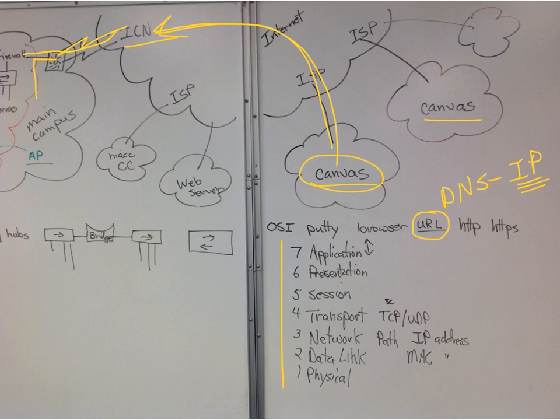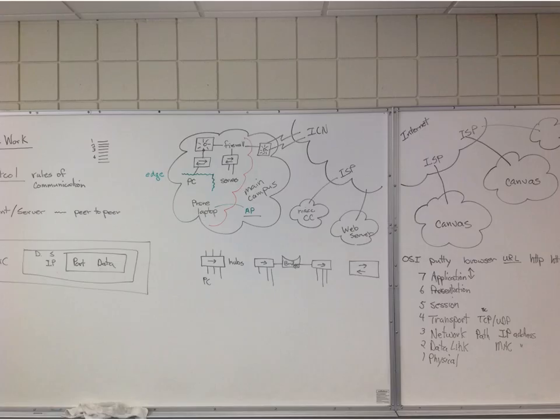Let's take a look at that one more time. So if we're using a browser, the information would move down through our hierarchy here, and when it gets to this point, our data, which is just a URL, would get a port number, and it would either get port 80 or 443, depending on if it's HTTP or HTTPS.